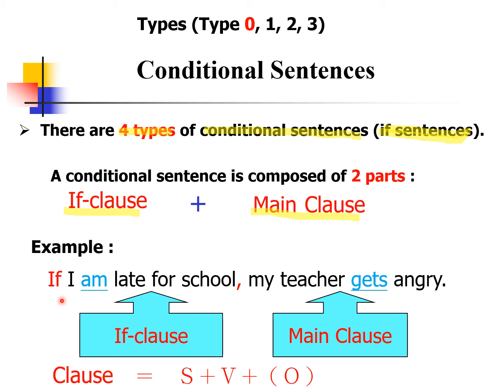So it's very easy. I'll explain what the main clause is in the next slide. But you need to know the if clause has a subject and a verb and sometimes an object.